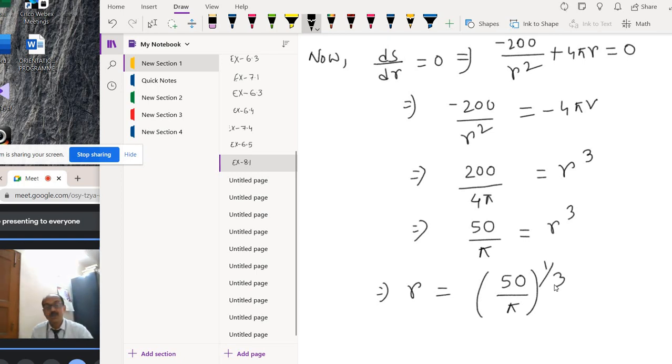Now at this point, that is r equals 50 by pi to the power 1 by 3, check the second order value.